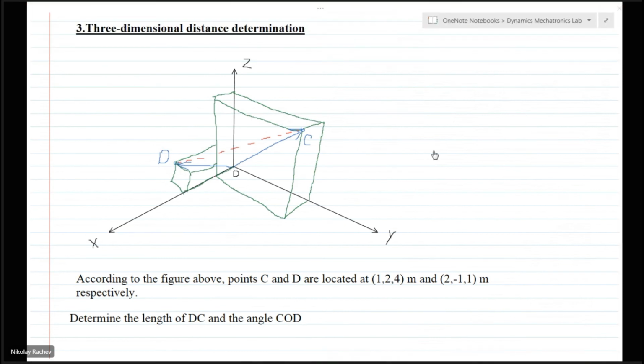Just a moment, please. Okay, let us finish. Determine the length and the angle. And we prepare with the solution.